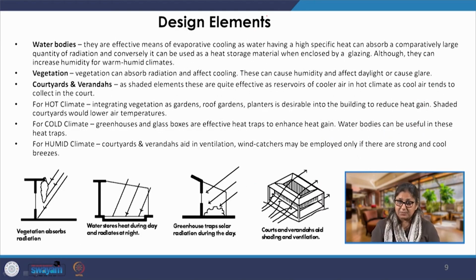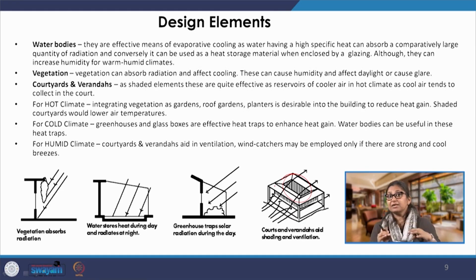Once we have selected the plan form, we check the design elements that are going to be used. For example, we may be using courtyards. In hot climates predominantly, we prefer to use courtyards. Courtyards aid in nighttime purging, night ventilation, and if you remember the last slide of the last lecture, we saw that if the temperatures are higher and the humidity is in a moderate range, then we need to facilitate night ventilation.